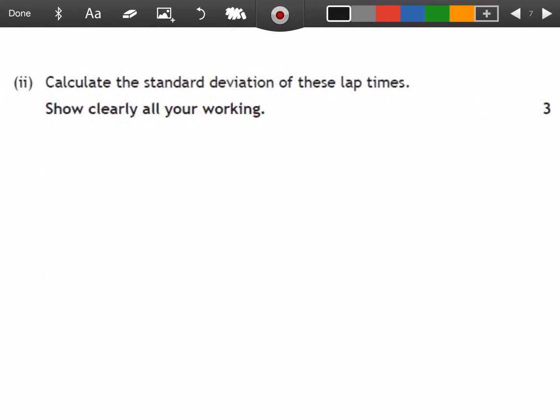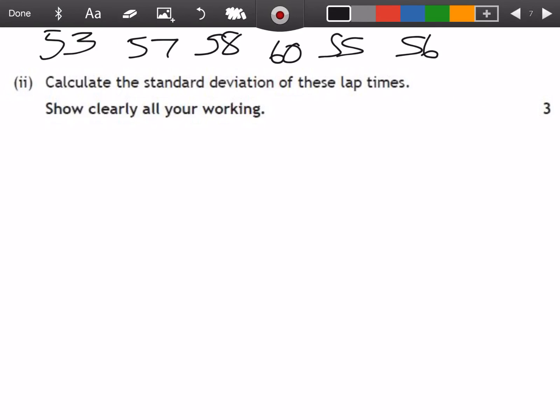Right, so I'm just going to write them down again, these were the numbers in the original question. Okay, and we need the mean. The mean that we've just worked out is 56.5.